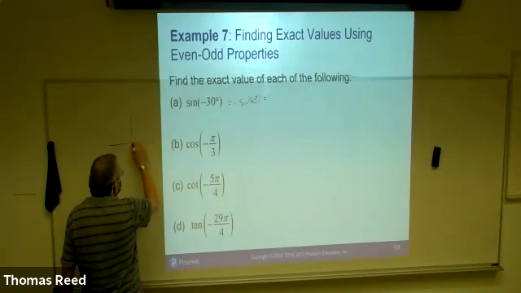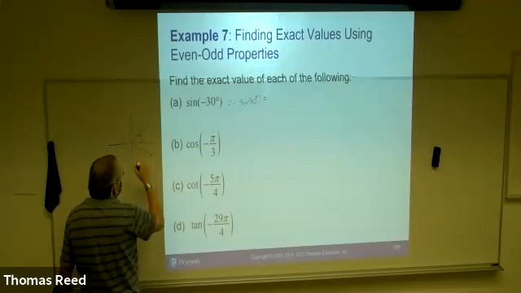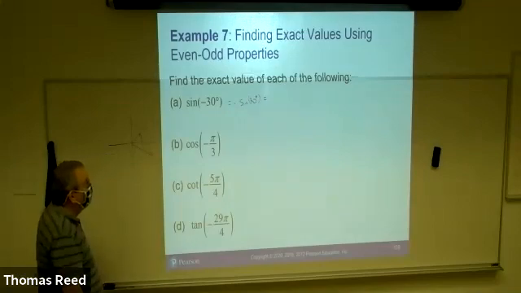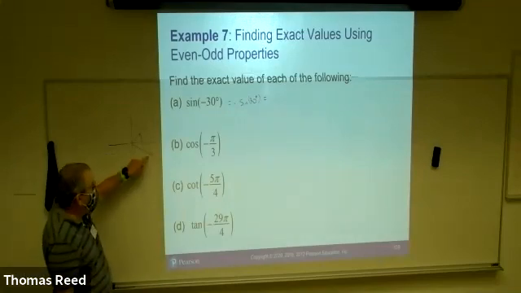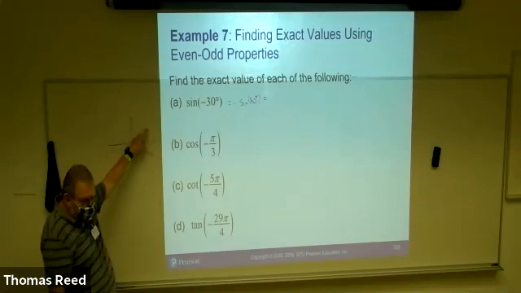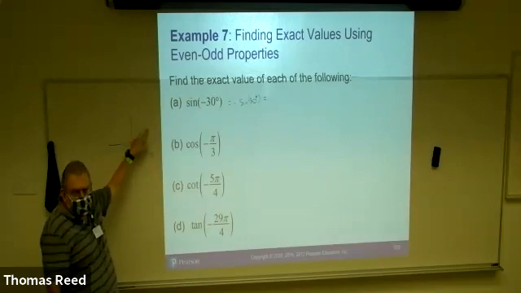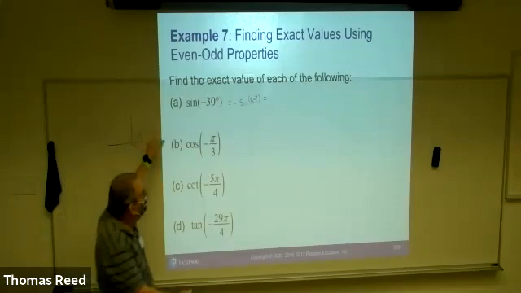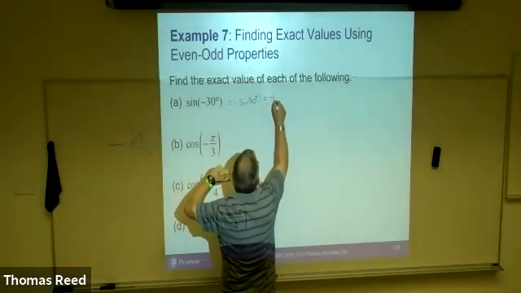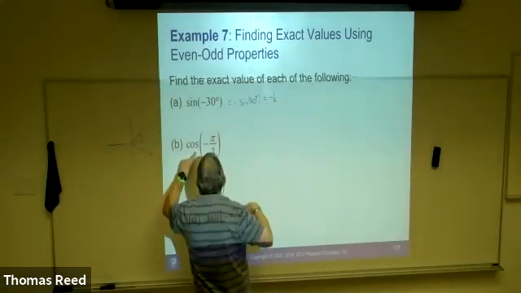Negative 30 degrees takes us down here, but positive 30 degrees is up here. So it's going to have the same x, it's going to have the opposite sign of the sine value. What's the sine of 30? A half. So this will be a negative 1/2.